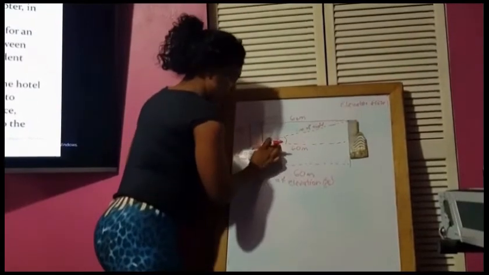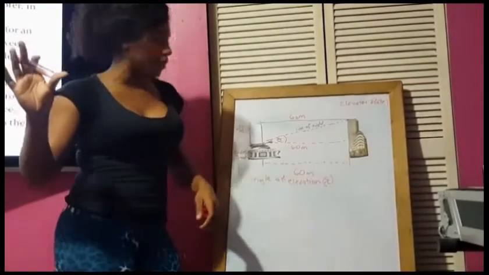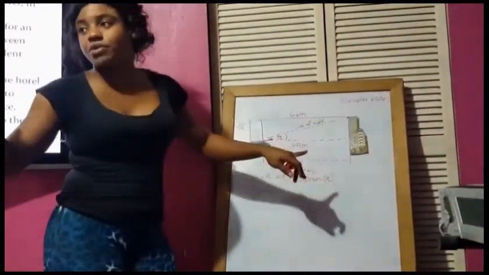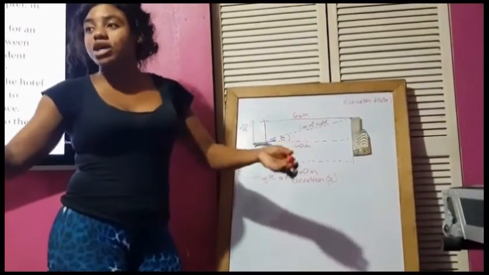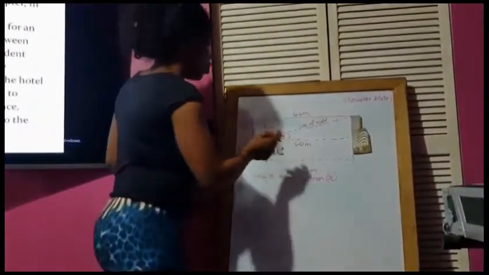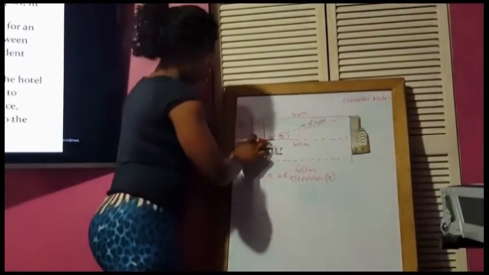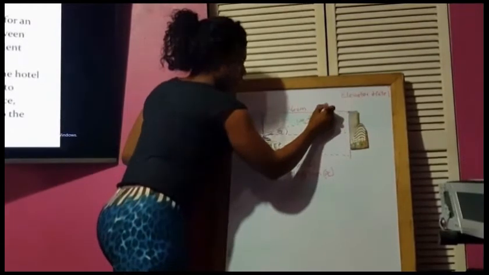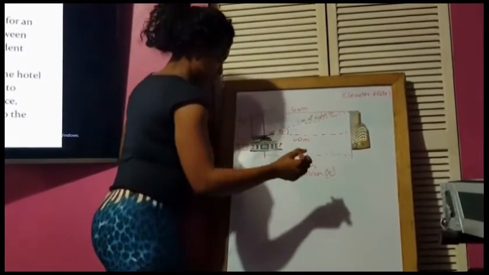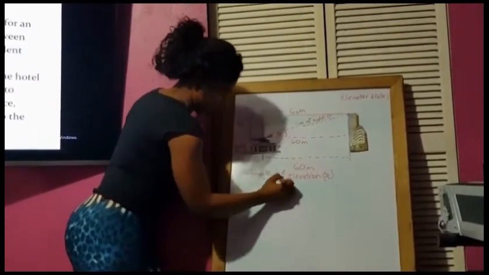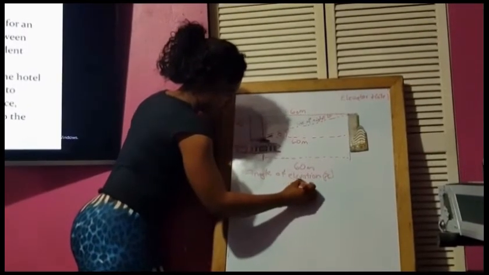So if this is supposed to be 40, for example, which is the angle of elevation, what should the angle of depression be? 40. Okay, class. So from the elevator hotel back to Trigg in his helicopter is forming the angle of depression, right?